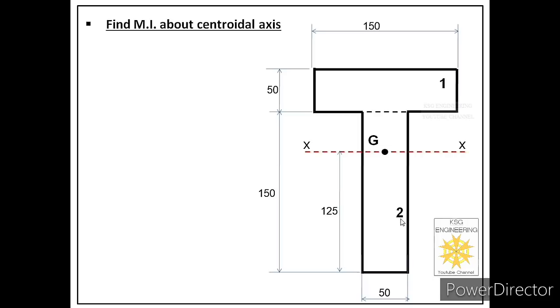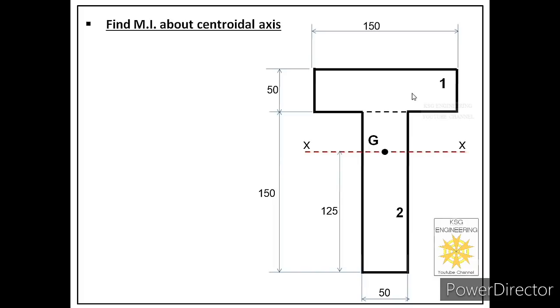area 2. Now, if we have to find the moment of inertia of this composite area about this centroidal axis, we first need to find the moment of inertia of regular area 1 about the main axis, then the moment of inertia of area 2 about the main axis.